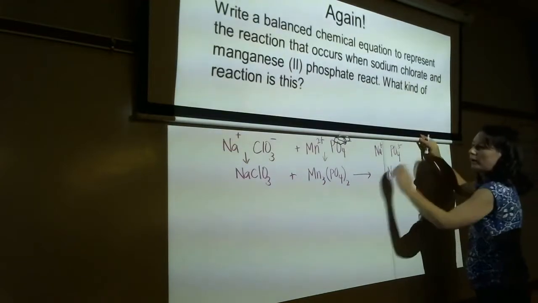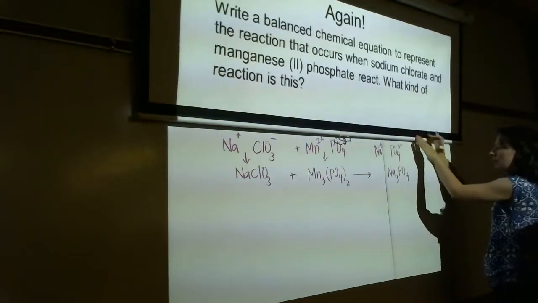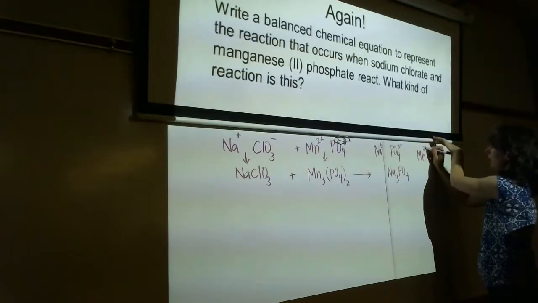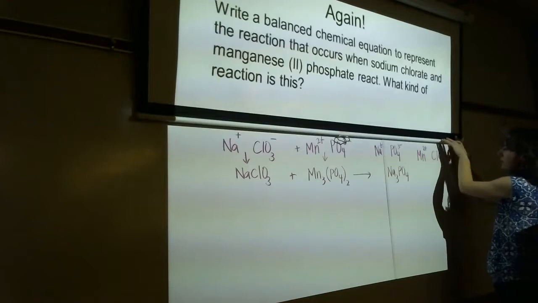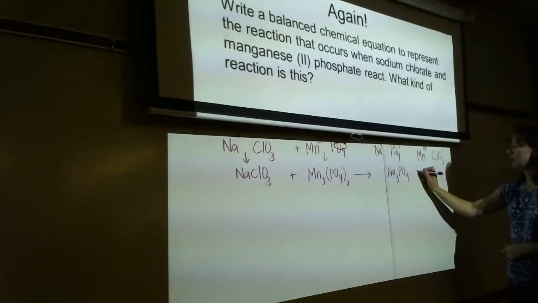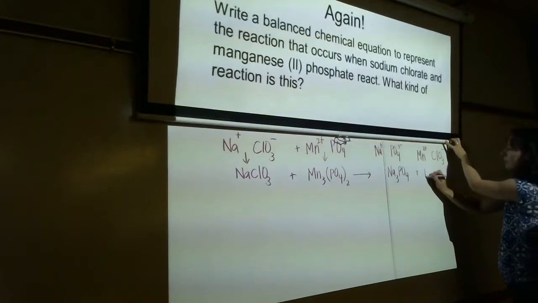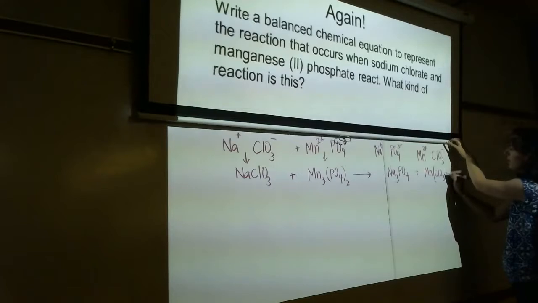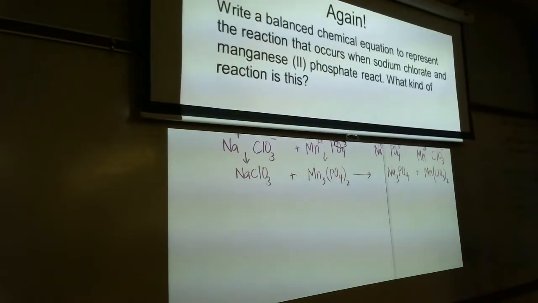And now manganese(II) is going to get together with chlorate, right? So Mn2+ and ClO3 minus. Crisscross those: Mn(ClO3)2.